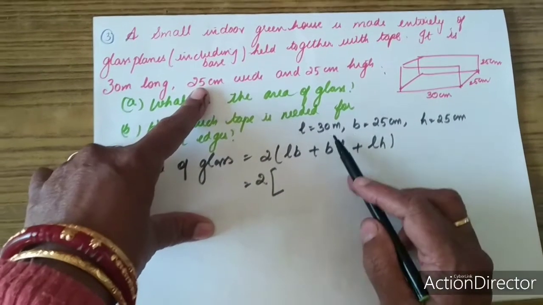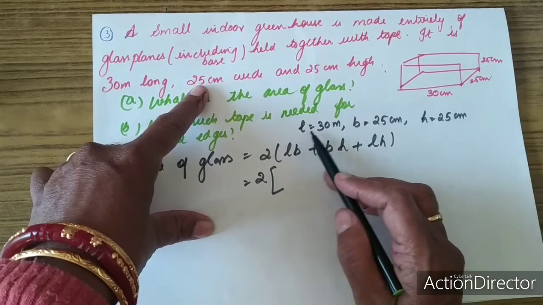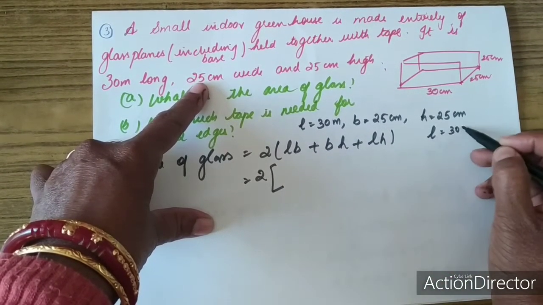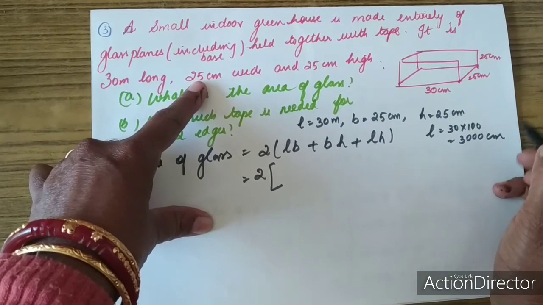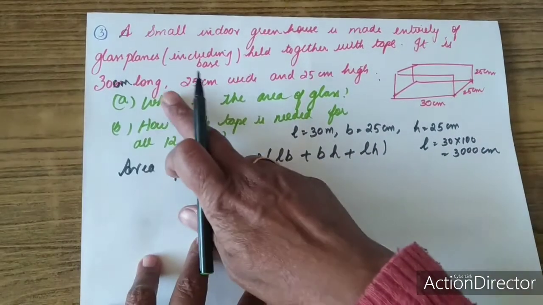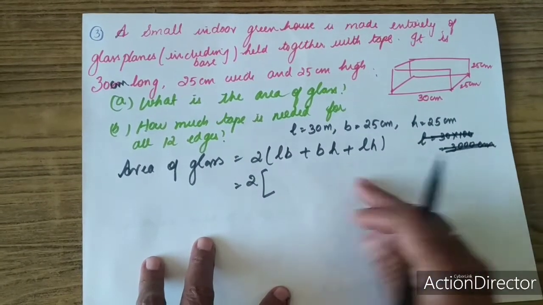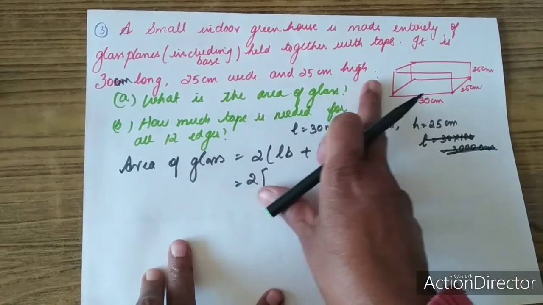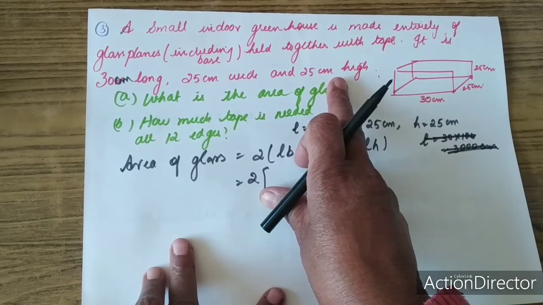Here you observe breadth and height are in centimeter. Sorry, length is also given in centimeter only, so we need not convert. Suppose if it is not given in centimeter, it's our duty to convert to equal units. All three, length, breadth and height, should be of equal unit.